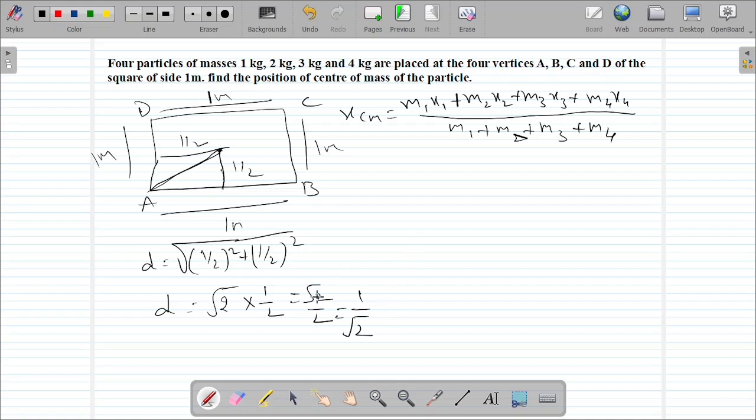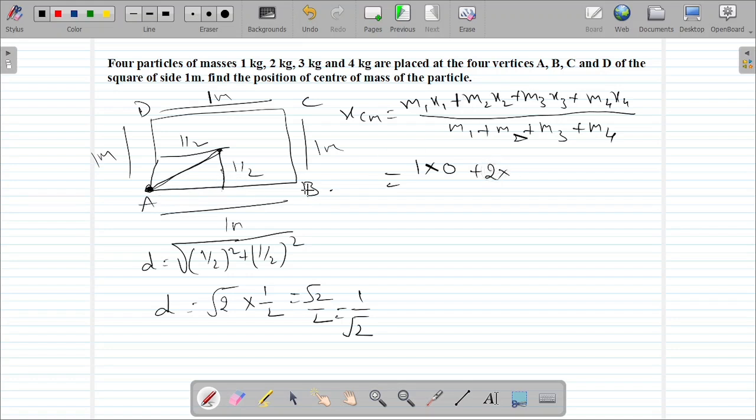Actually, we don't want the distance here right now. Let's consider this is the origin point. So m1 is 1 kg into x1, where this particle is at the origin, so 0, plus m2. M2 is 2 kg.